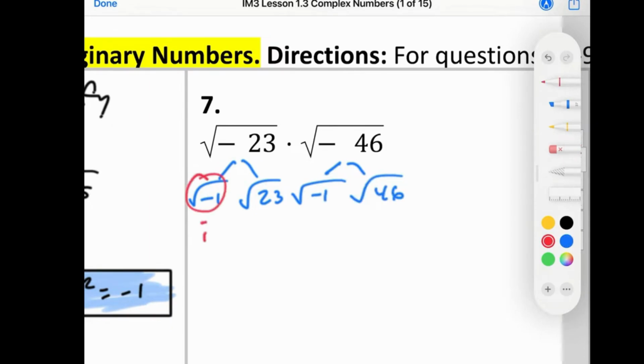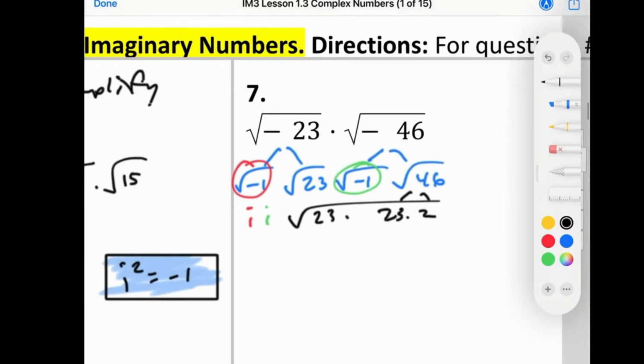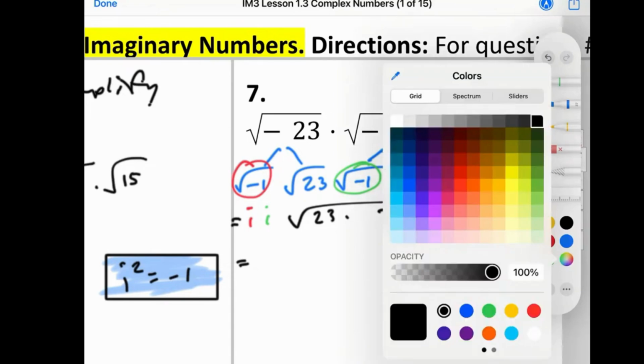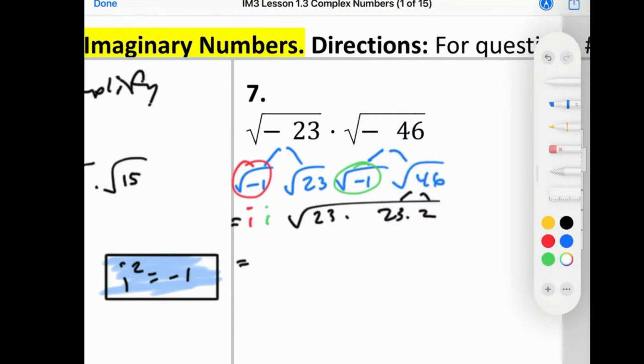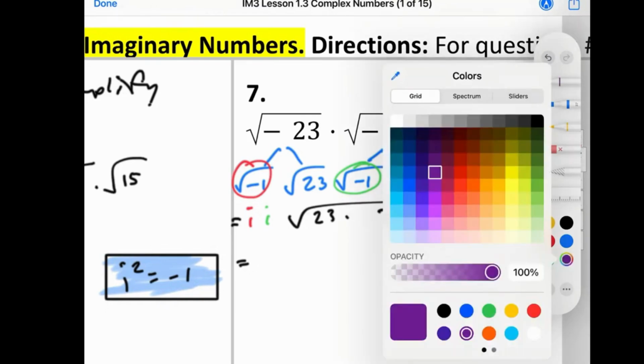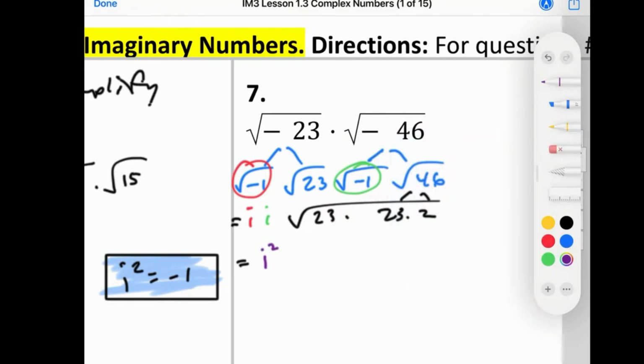So that becomes i, that becomes an i, and then I have radical 23. This one is going to be radical 23 times 2. So now I have i squared, i squared.